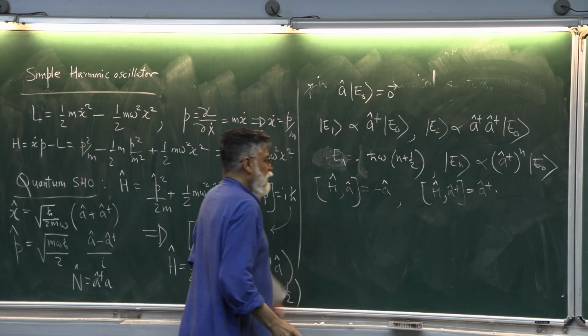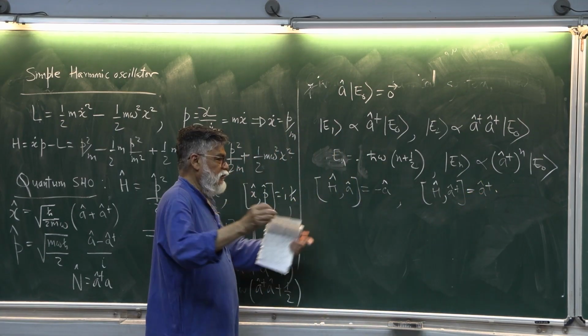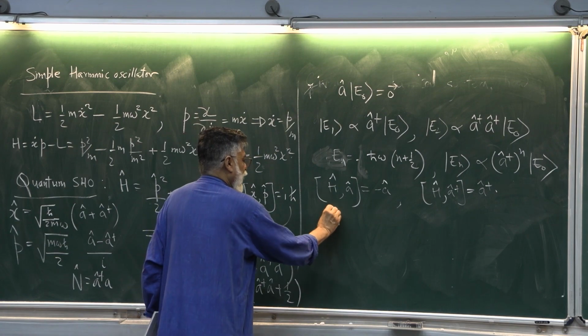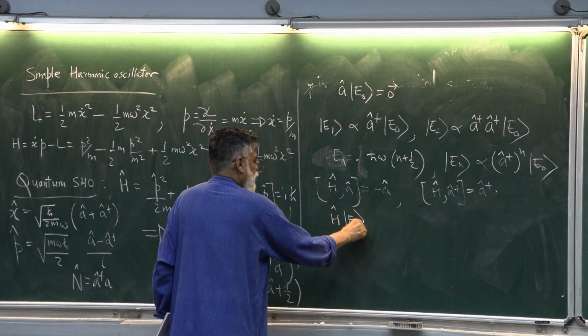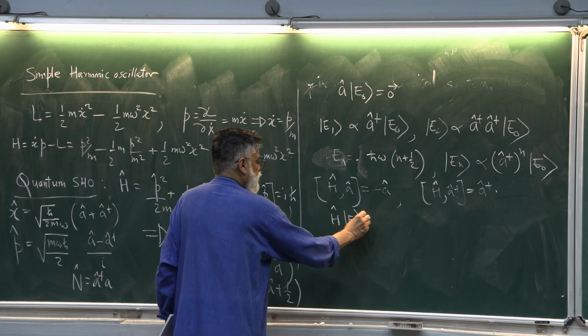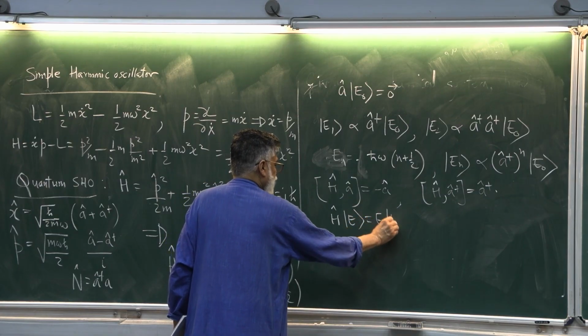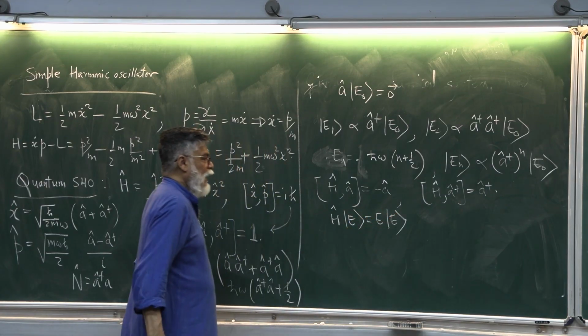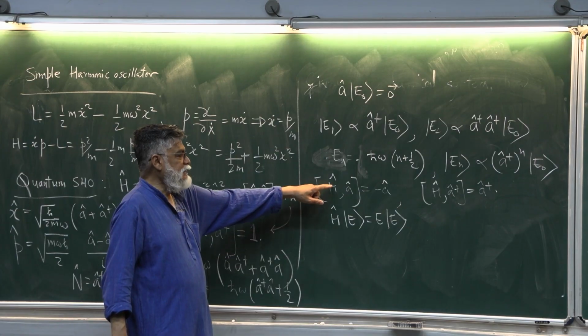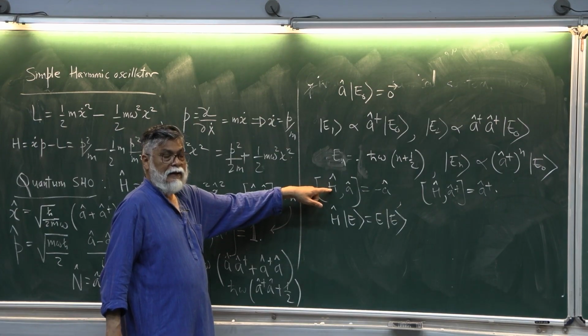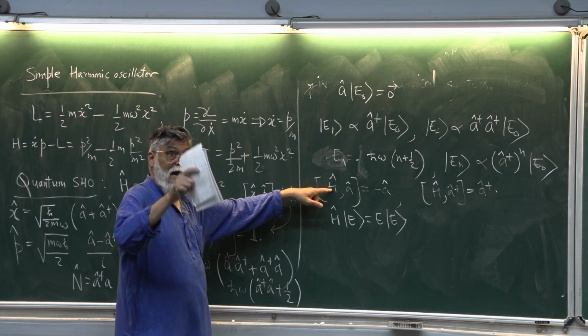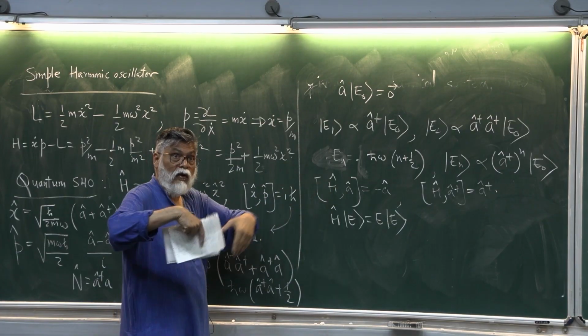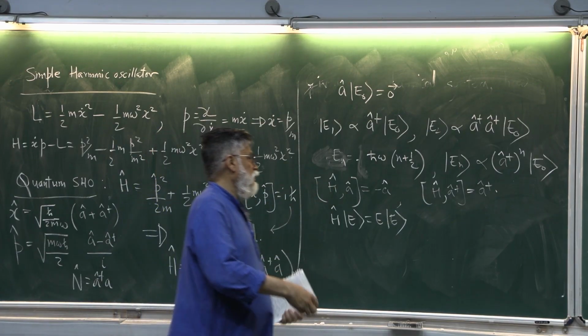So therefore, supposing H acting on ket E is an eigenstate of H with eigenvalue E, supposing this is true, I will now prove using this commutator that H acting on A on E will lower the energy. How? Let's go through it.